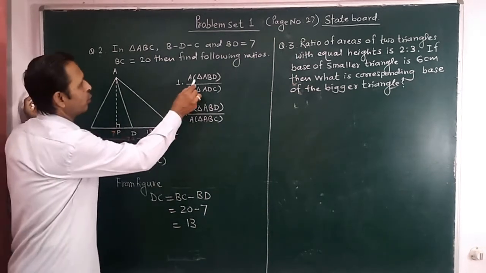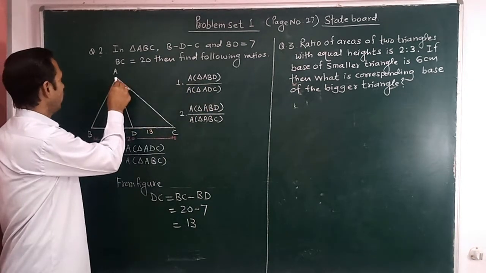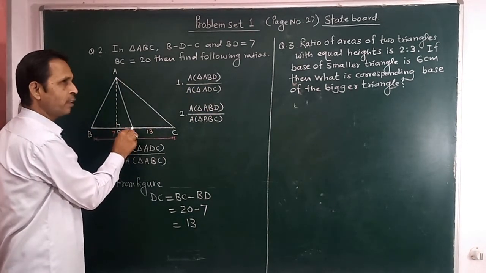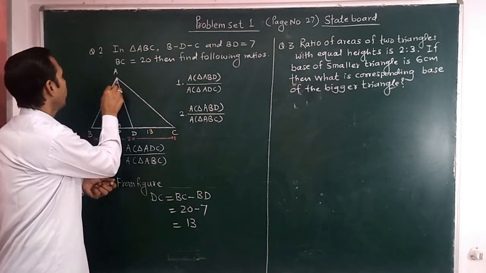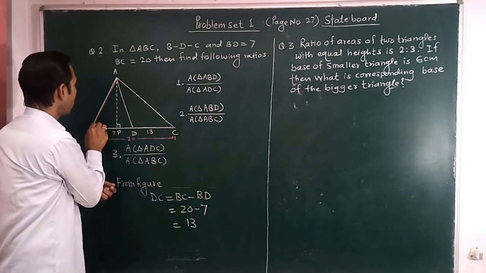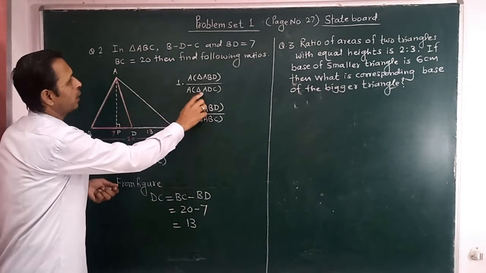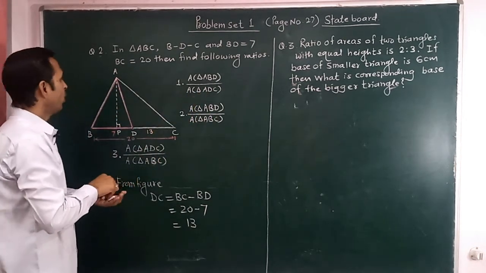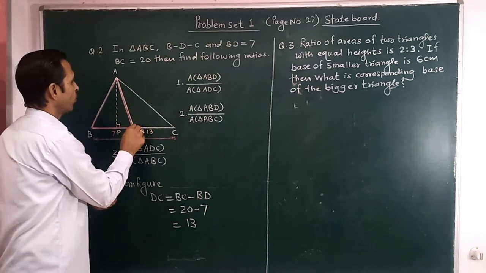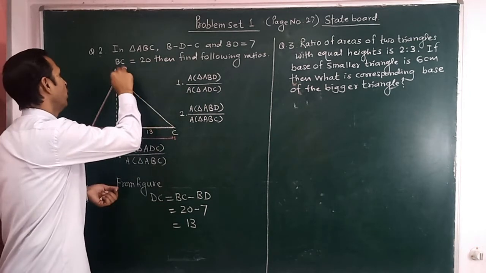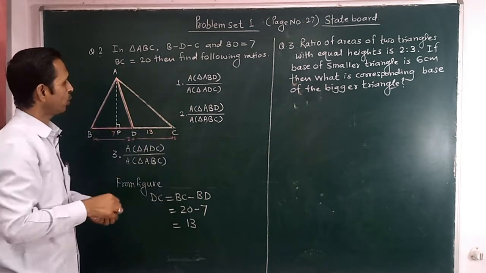In this first ratio we are given the area of triangle ABD, and the second triangle is ADC. Where is ADC? This is ADC. We have to find the ratio of areas of these two triangles.